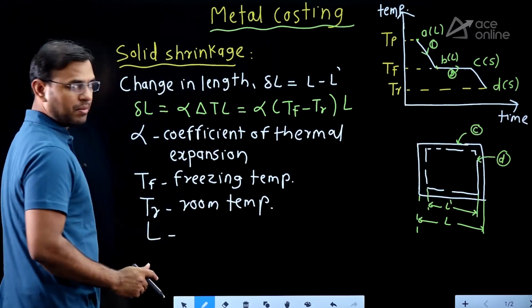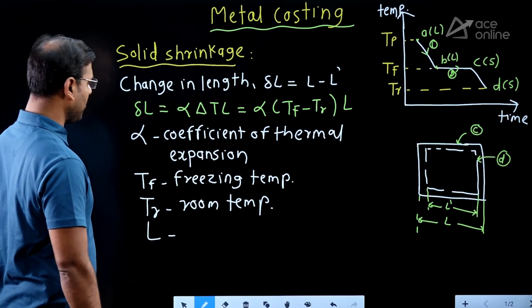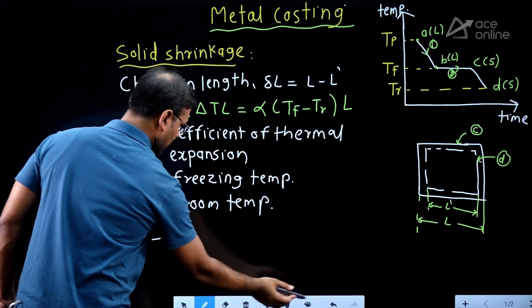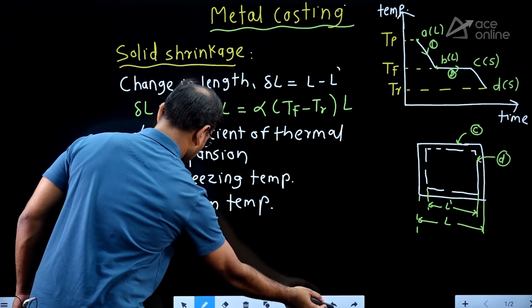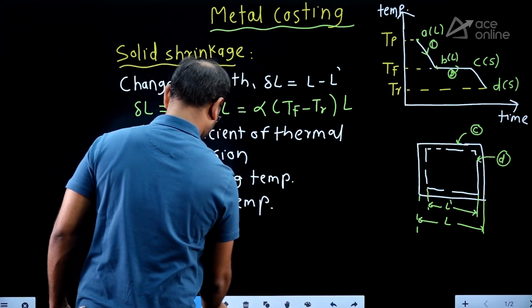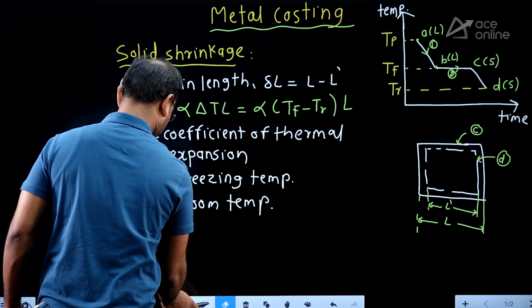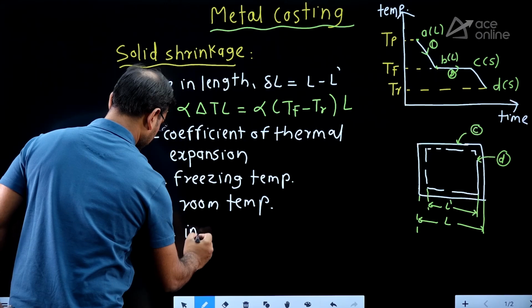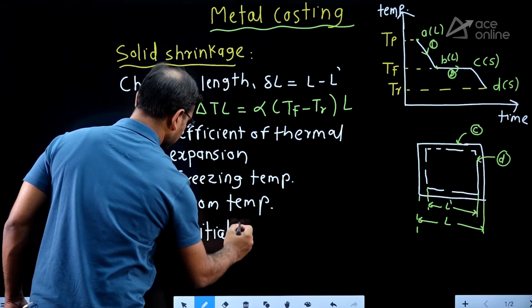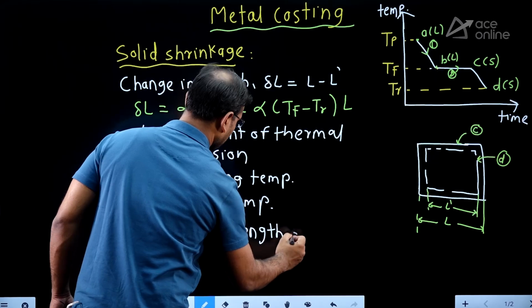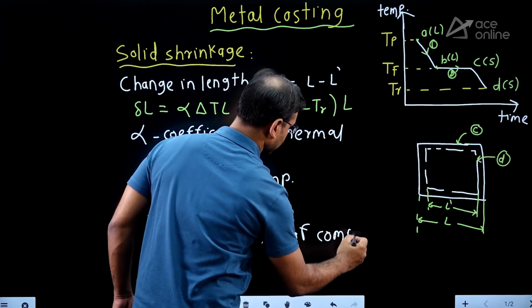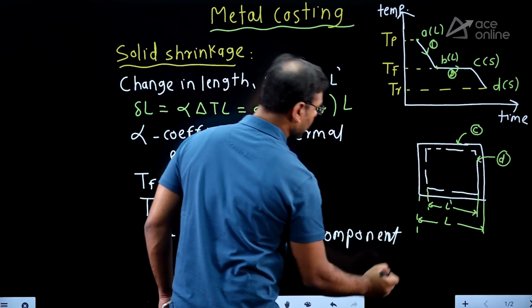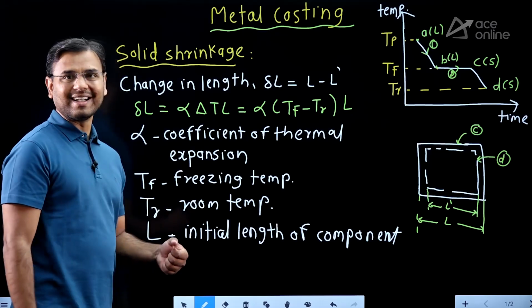L is the initial length of the component, or the length of the component at point C. This is the formula for solid shrinkage.